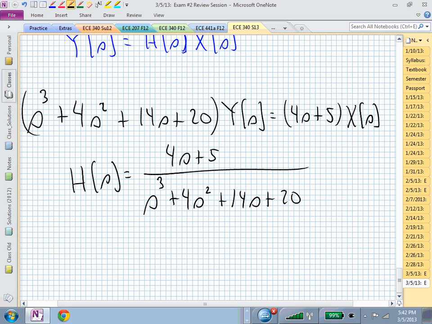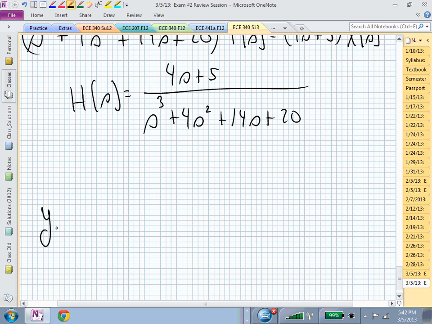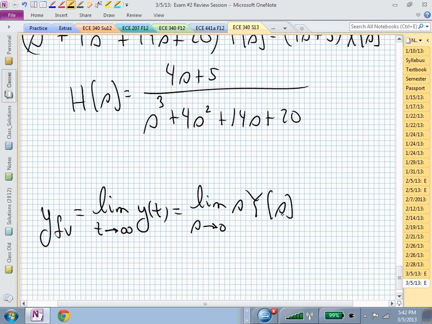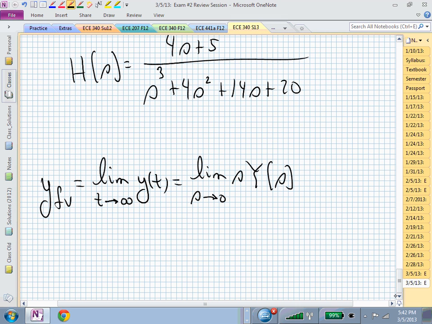Now, what I was thinking you could do is you could simply find y final value, which is the limit as t goes to infinity of y of t, by the final value theorem. That's the same as the limit as s goes to 0 of s Y of s. And that's maybe quicker than doing the partial fraction expansion and finding that one coefficient.